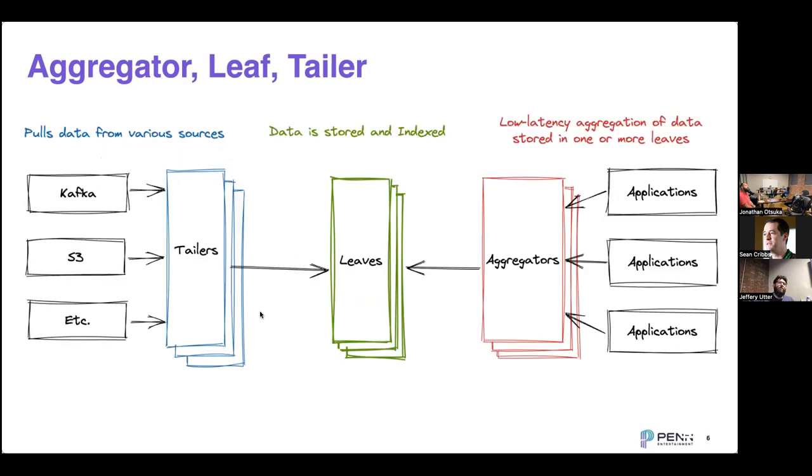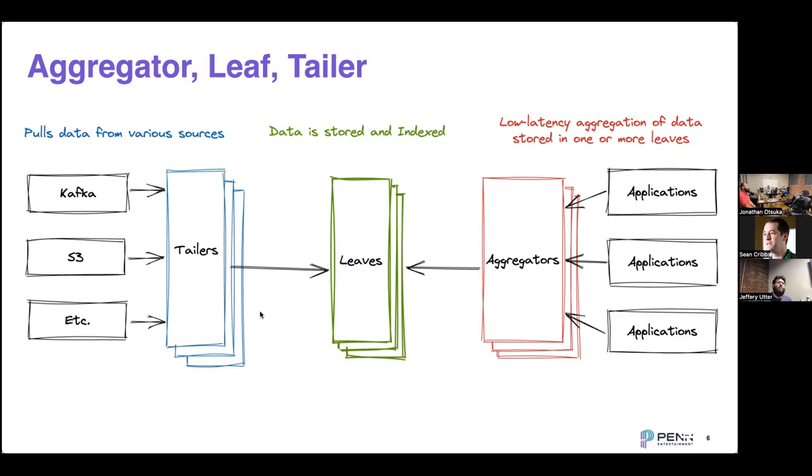So what does that look like? The tailor component pulls data from various sources, and I realize we're talking about it in the other way. Data enters the system in reverse, I guess. The tailor pulls data from various sources, could be really anything where you have data being created. In our case, it's all fed by Kafka, but you could be pulling data from Kafka, Google Cloud PubSub, S3 buckets, whatever you have.